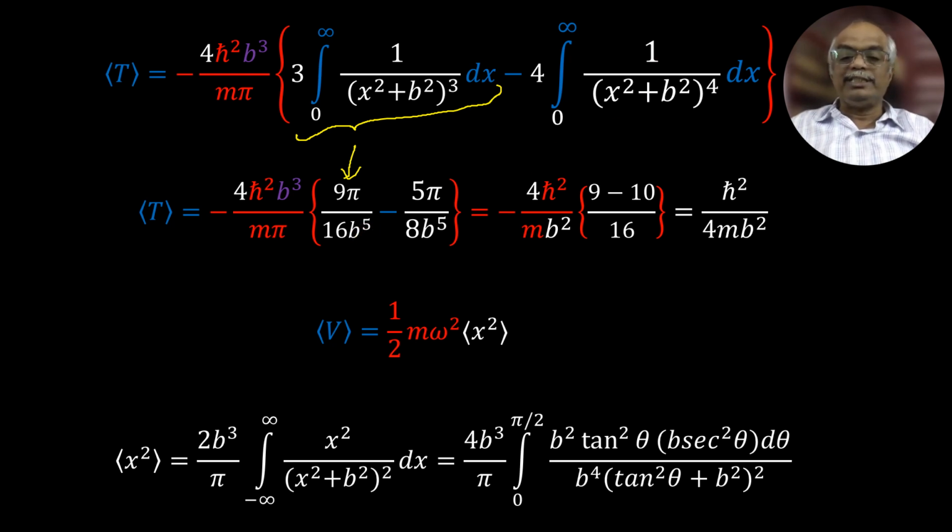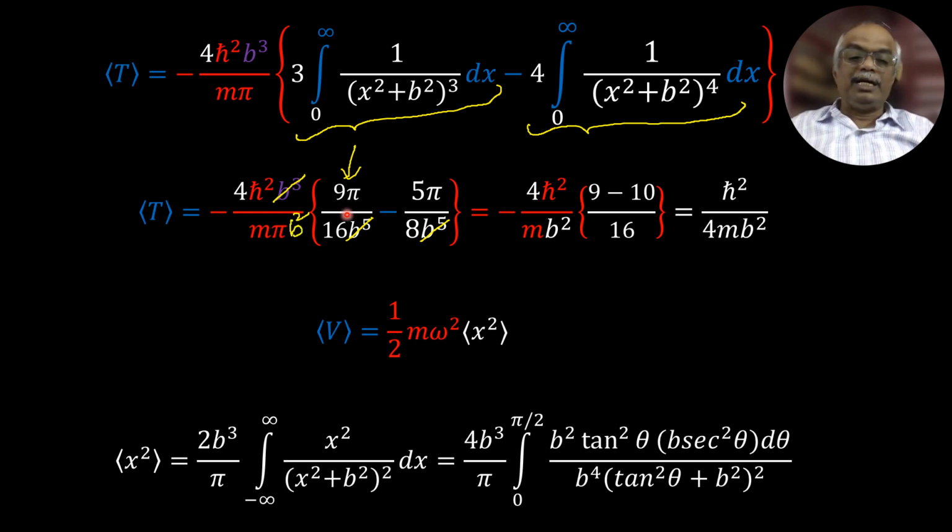Then the second, 4 multiplied by this integral, is equal to 5 pi divided by 8 p power 5. So now you can cancel some of the terms. You have p power 3, which will get cancelled with this p power 5, which will become p squared. I can take p squared as common.